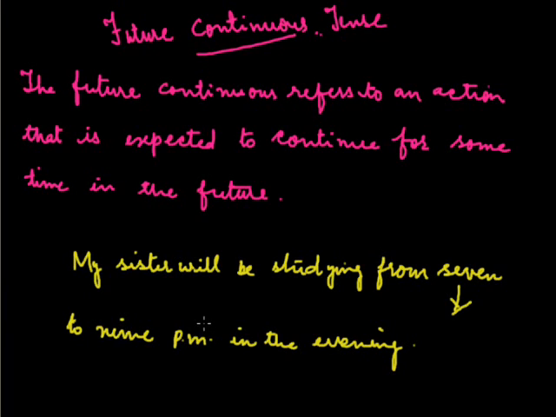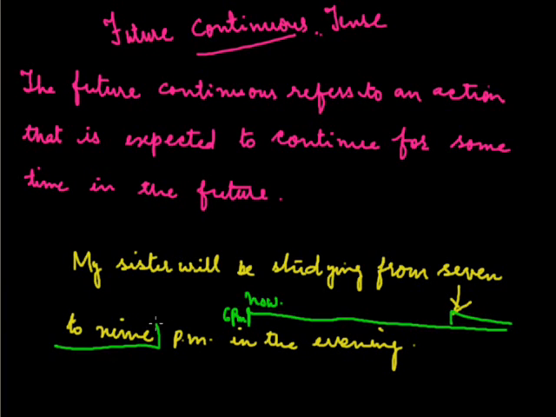So, I just want to tell you now we are here. Now we are here at 6 p.m., now at the time of speaking, but my sister will be studying from 7 to 9. So 7 to 9 we are talking about future.